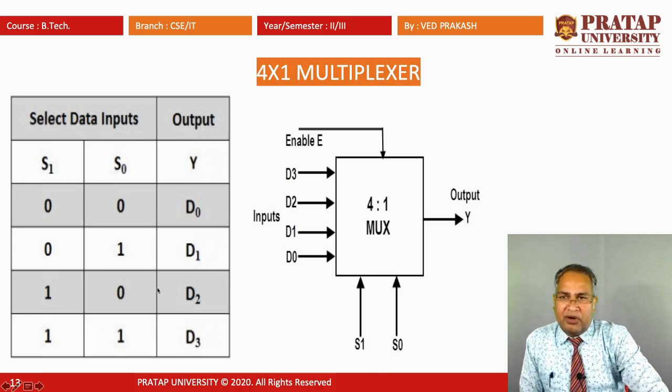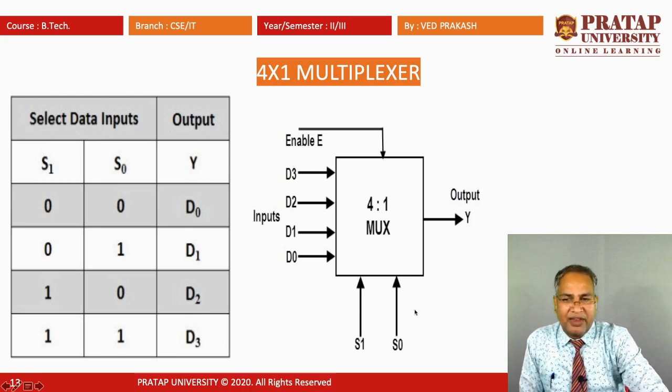If the value of S1 is 0 and S0 is 1, in this case we select the D1 input line and drop all other lines, and at the output terminal Y we get the input D1. Similarly, for 1, 0 we activate the D2 input line and deactivate all remaining lines, and at the output terminal Y we obtain D2.